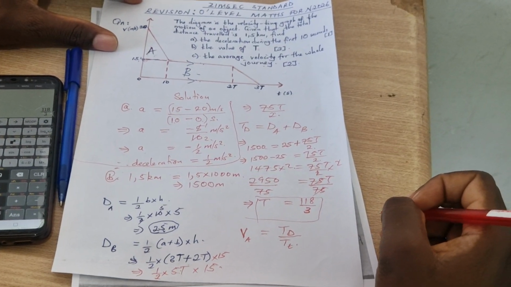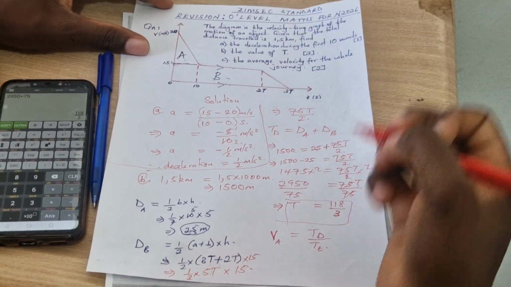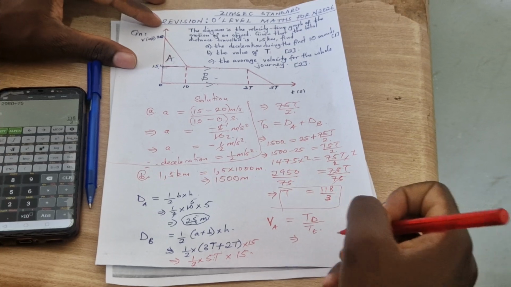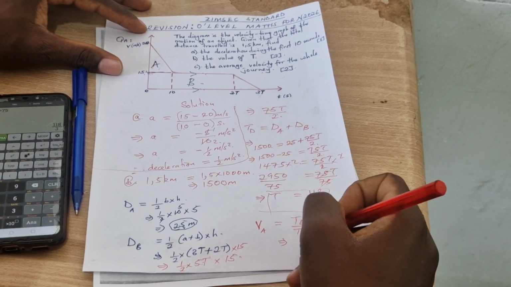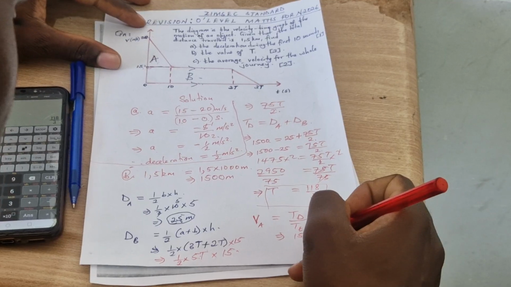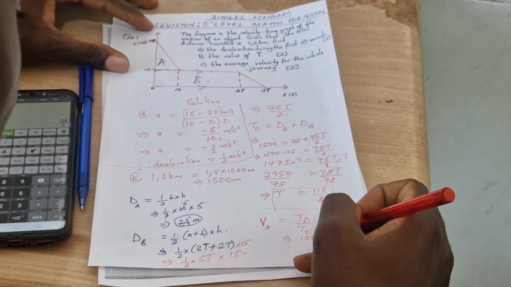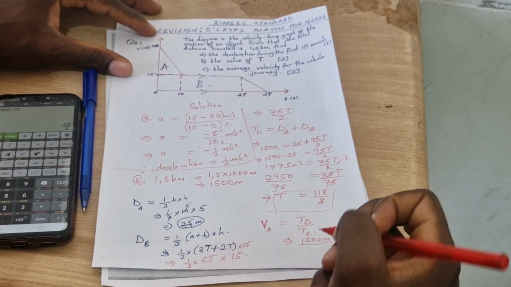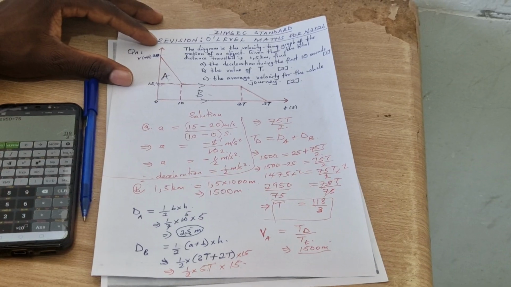Since we have the total distance covered, just substitute. So it's 1,500 meters over the total time.